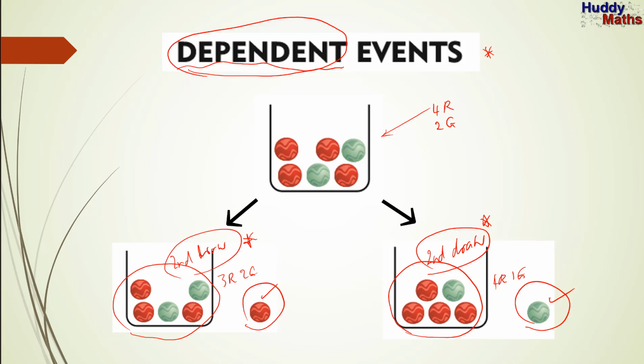Dependent. What's going to happen in the second part of our experiment, this is compound, isn't it? It's a compound experiment, compound events. It's got 2 things happening, 2 draws. But this time, the second thing happening, the second draw, will be dependent on the first, if we remove the ball, or the marble or the counter, and don't replace it.